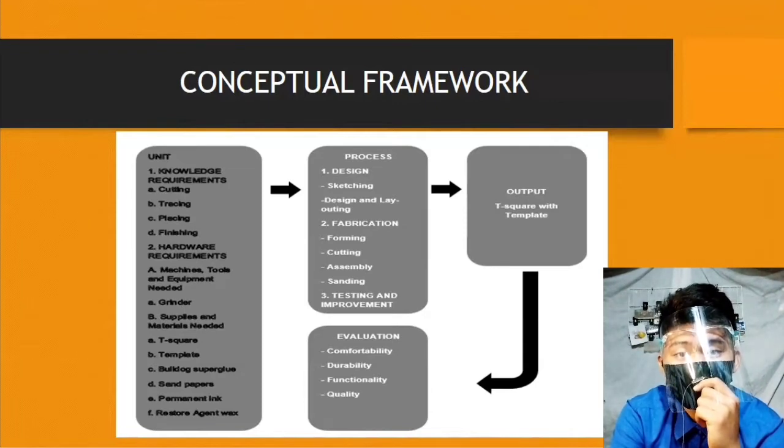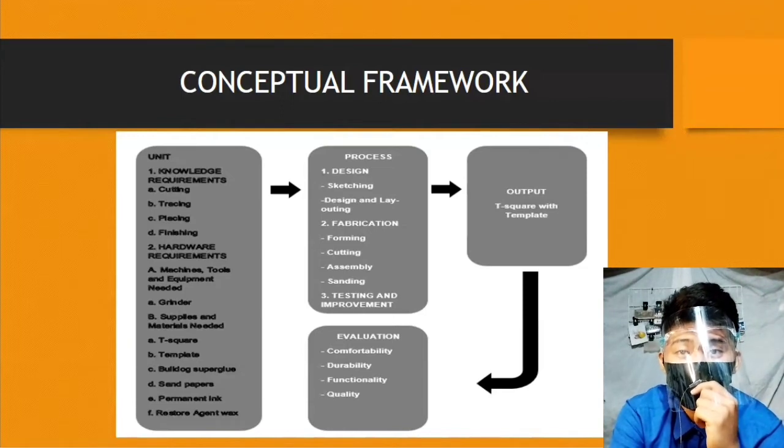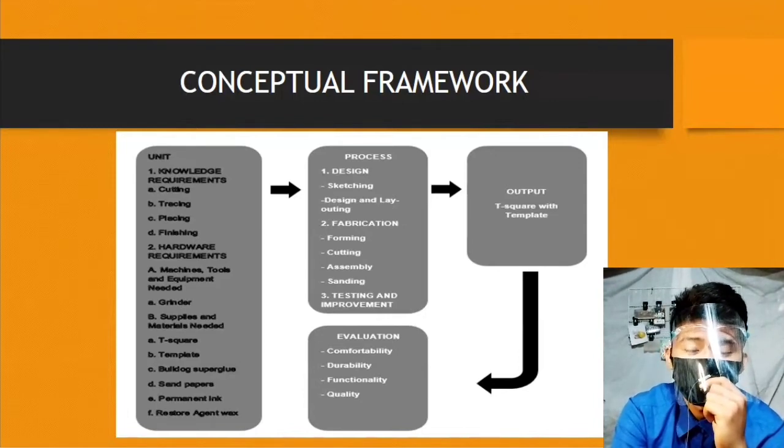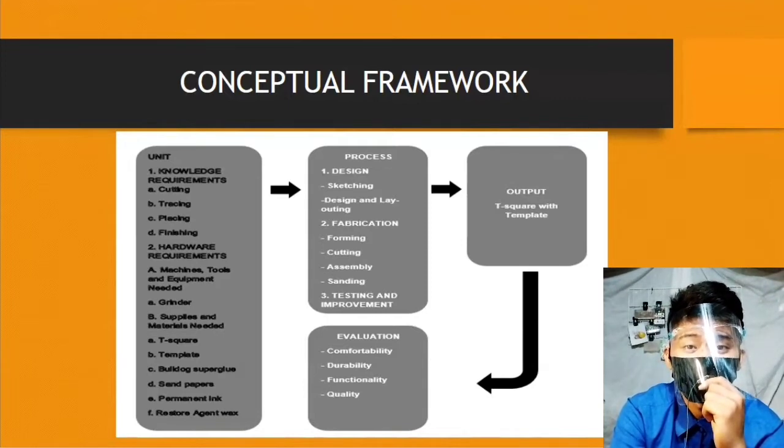The process is forming the prototype by tracing and cutting it to make a straight cut of the T-square. The next step is assembling the T-square with the template inside it. However, it is difficult for the researchers to assemble the T-square with a template inside it because it needs some space to fit in the T-square. On the other hand, the researchers need to smoothen the prototype by sanding it with sandpaper and putting restore agent wax to make the prototype shinier and clearer.